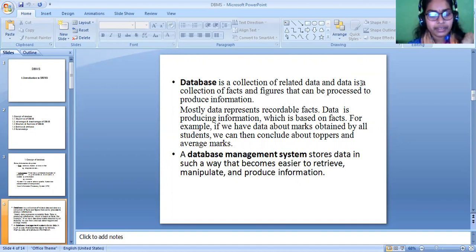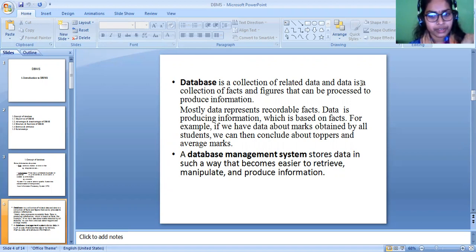In the database, we have the students' names as well as different subject names, and we can see how many marks each student got and calculate average marks. From the average marks we can also select toppers.